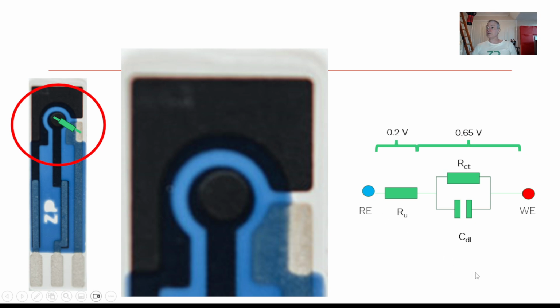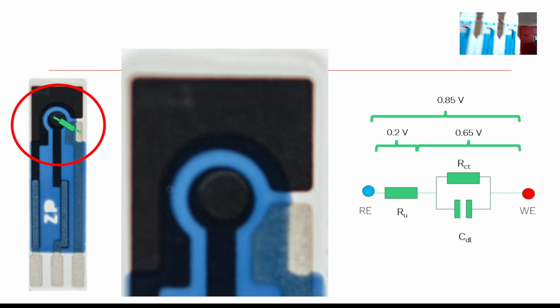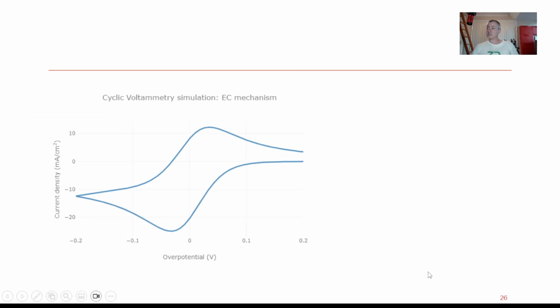In order to achieve that in this scenario, I need to apply 850 millivolts because I'm compensating for my IR drop. As I say, in my little world of electroanalytical chemistry, particularly with screen printed electrodes, I don't think we suffer from this problem too much because the distances between the working and reference are just a few millimeters, and most of these solutions are quite conductive.